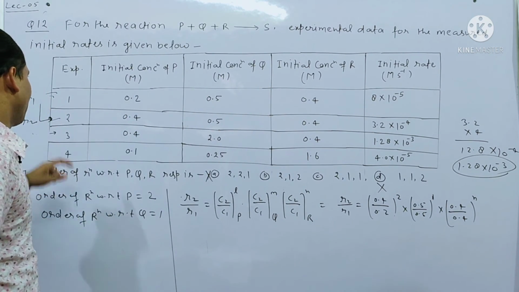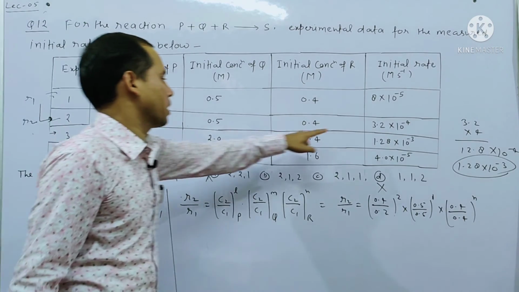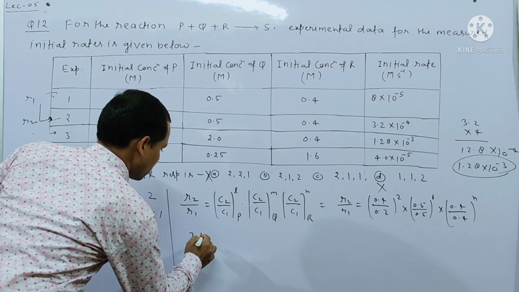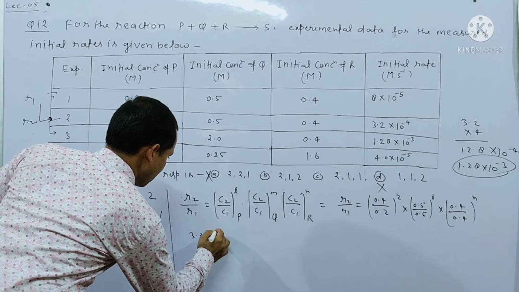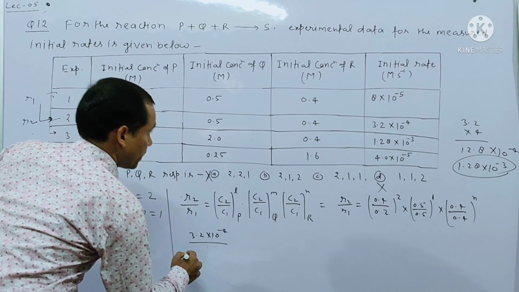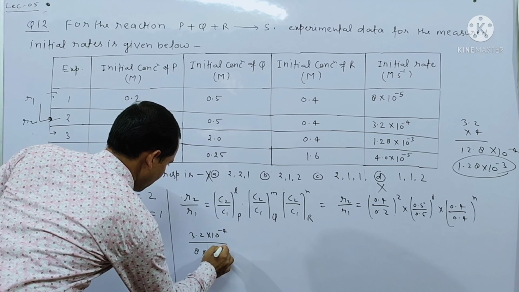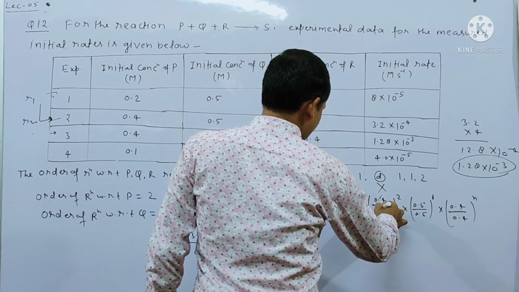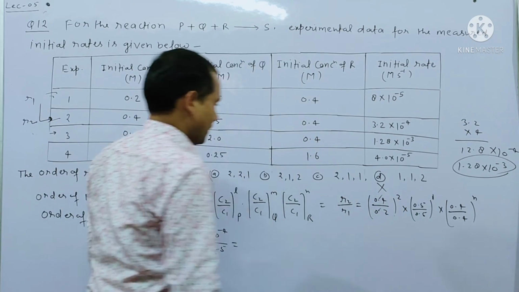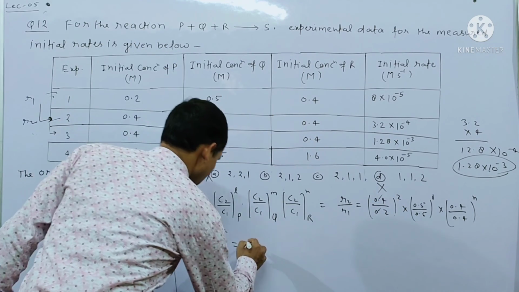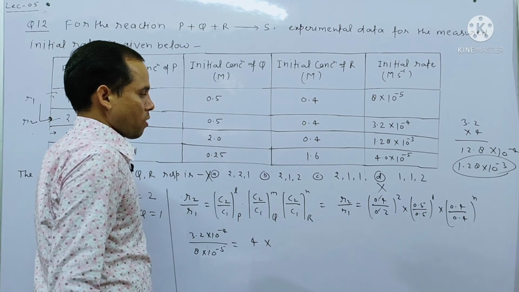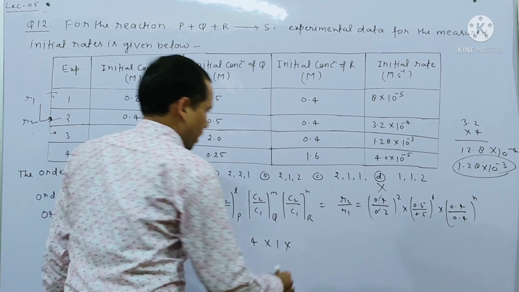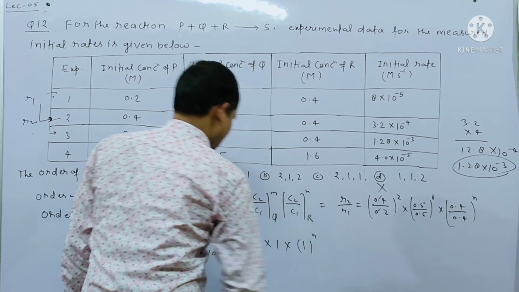Now the value of R2, for the second case, is 3.2 into 10 to the power minus 4, upon 8 into 10 to the power minus 5. If we eliminate this, it becomes 2 to the 4, which is 4, into the 5 and 5 cancel, giving 1 into 1 to the power n.